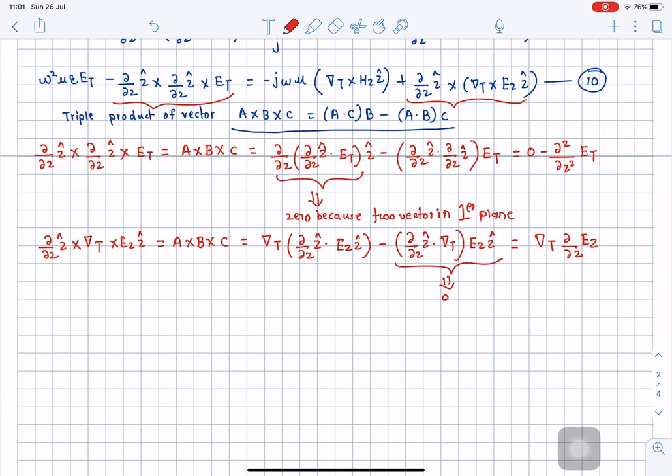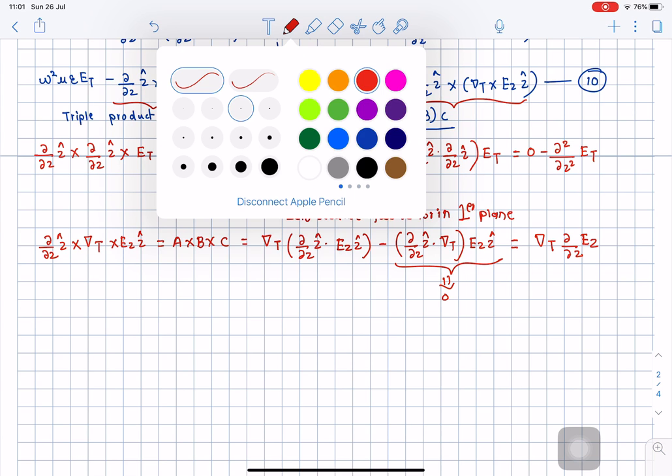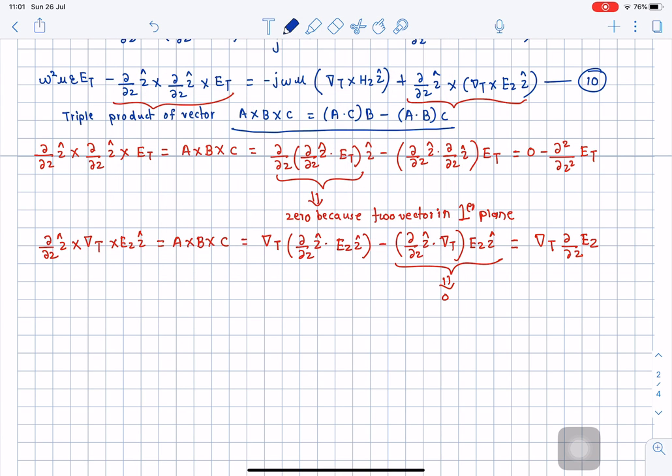Now when we substitute these vector triple products in equation number 10, we can rewrite it. Equation number 10 becomes omega square mu epsilon et, plus, since minus and minus become plus, dabba square by dabba z square of et.